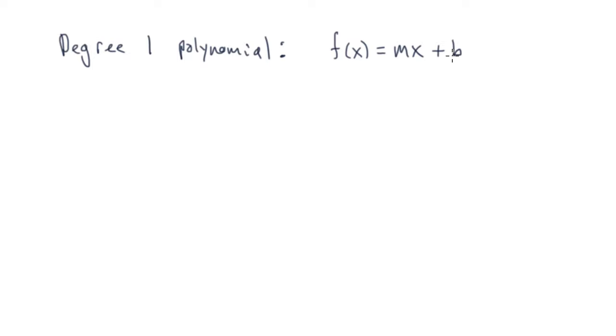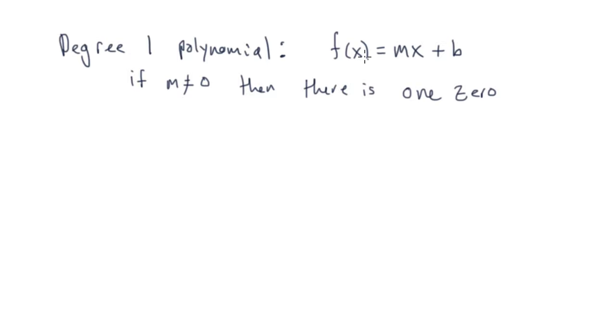Okay, so for a degree 1 polynomial, finding the zeros is really easy. Because remember that a degree 1 polynomial looks like this. Okay, and so again, we need to assume that the slope is not 0. So if the slope is not 0, then there is exactly 1 zero.